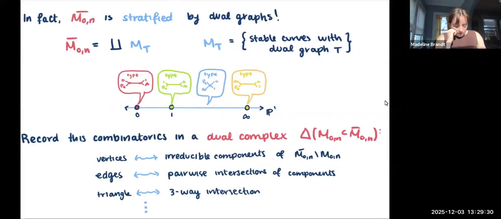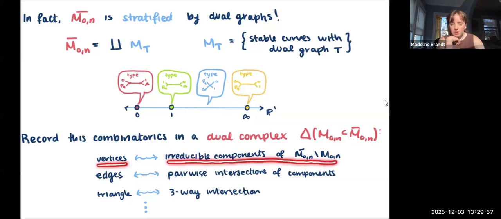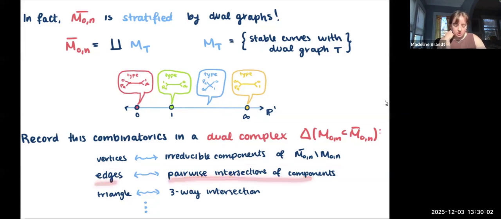Okay, so what we're going to do is record the combinatorics of this stratification in something called a dual complex. The dual complex is associated to the compactification. That's why I'm writing delta of M0n inside of M0n bar. This is going to be a simplicial complex where the vertices correspond to the irreducible components of the boundary, and the edges correspond to pairwise intersections of components.